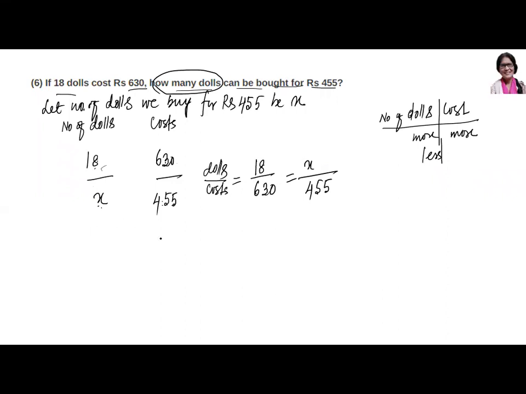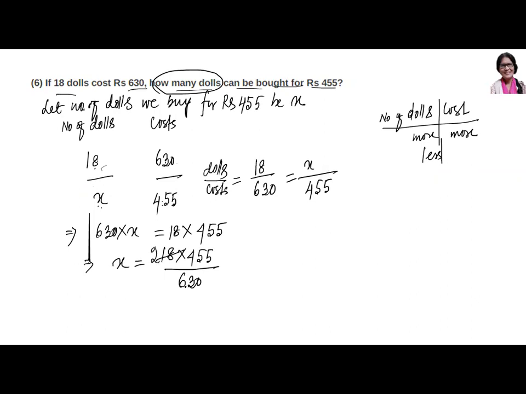Now cross multiplication. 630 multiplied by x is equal to 18 multiplied by 455. Now x is equal to 18 multiplied by 455 whole upon 630. So go on simplifying. I'm directly cancelling with 9. 9 twos are 18. 9 sevens are 63.